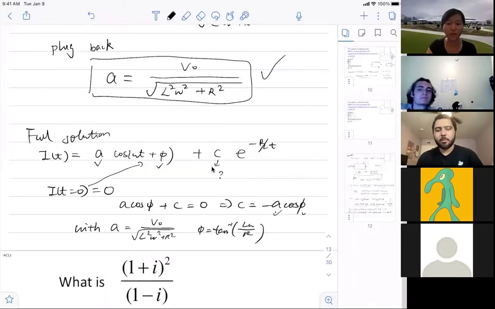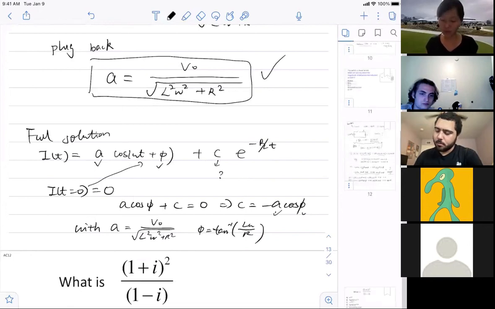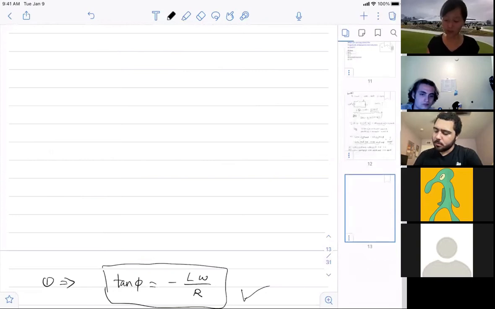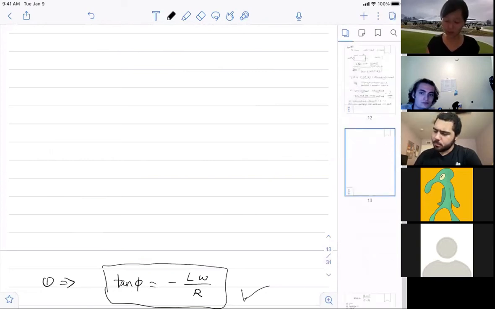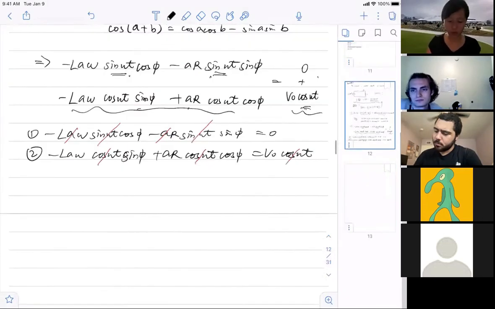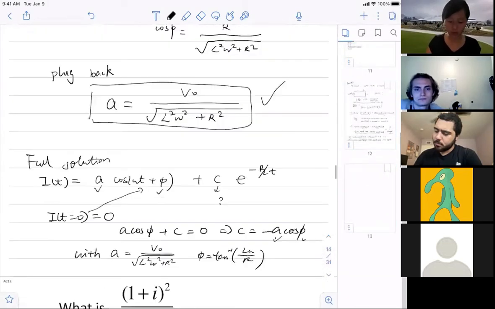Okay, where were we? We were at the end of our derivation, right? We found our general solution when our source is a sinusoid changing as V naught cosine omega t. What does omega represent? It represents the frequency of the signal, right? How fast it changes. Let me find my solution. The solution is on this page.